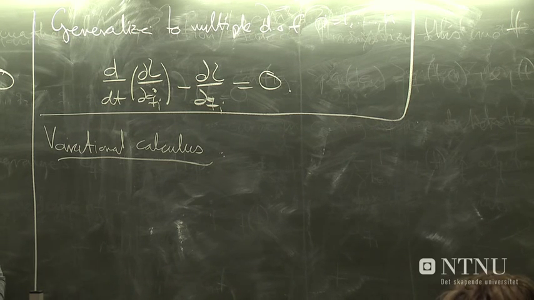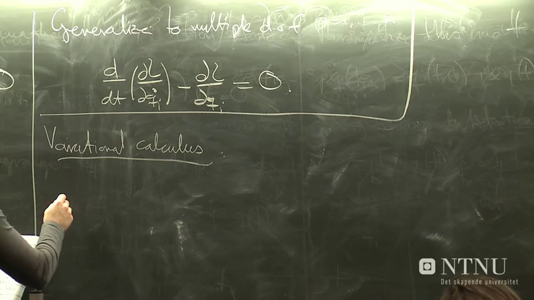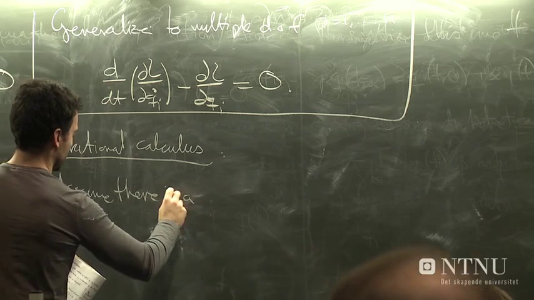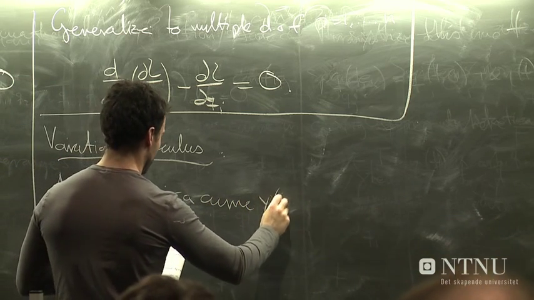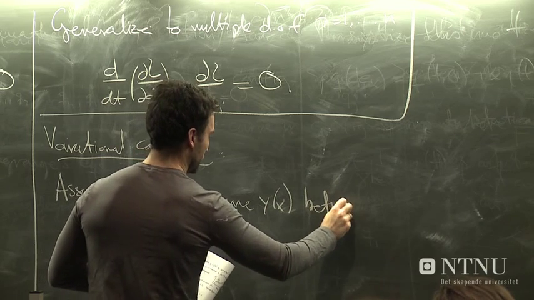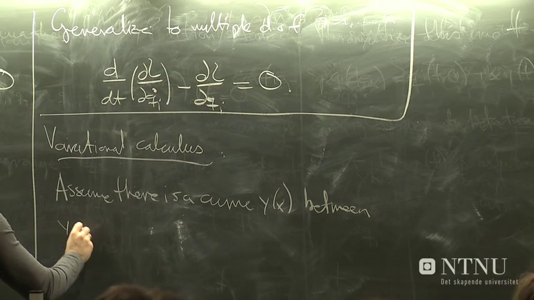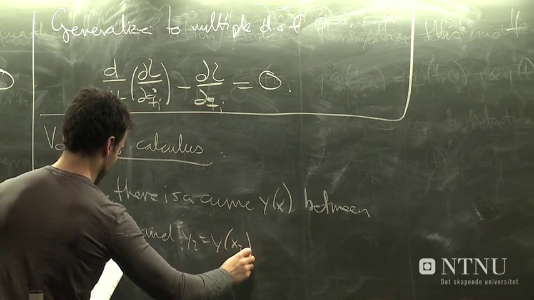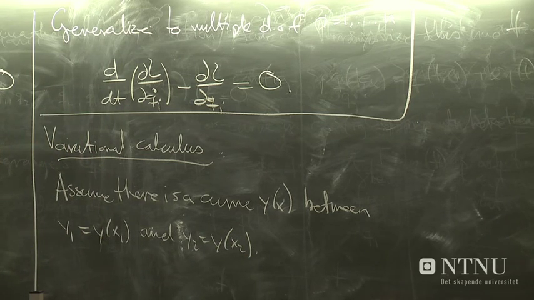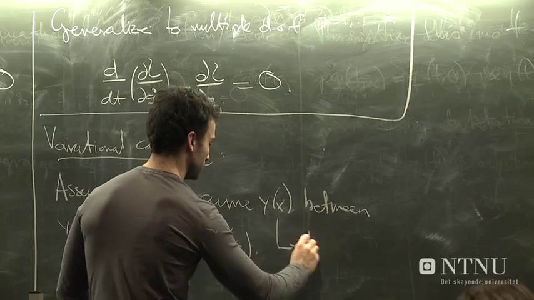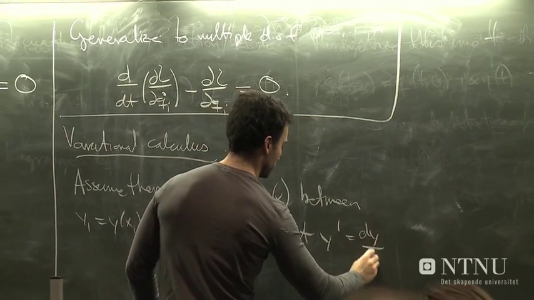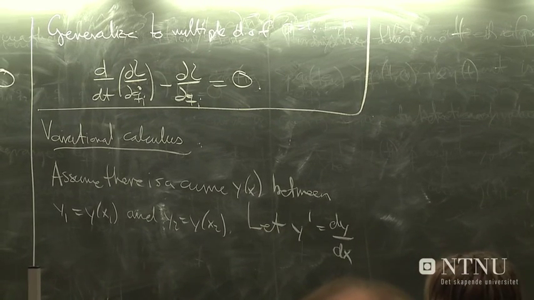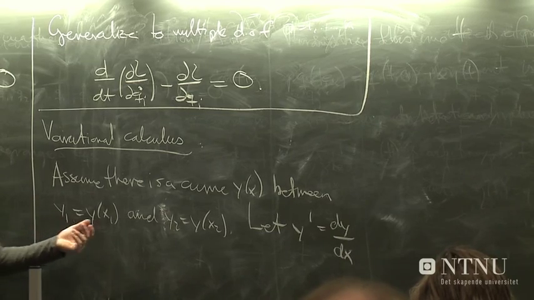Assume that there is a curve y, a function of x, between 2 points, y1 and y2.